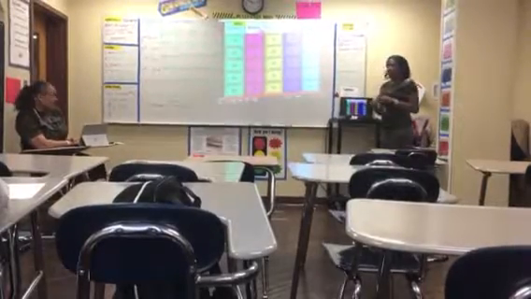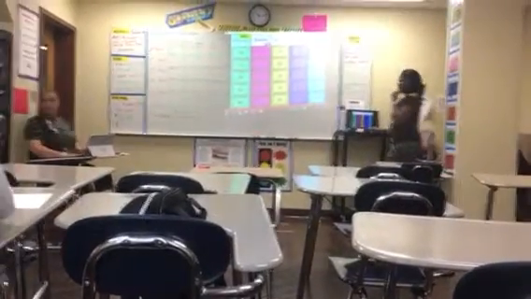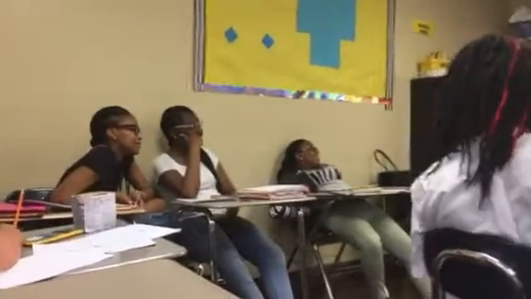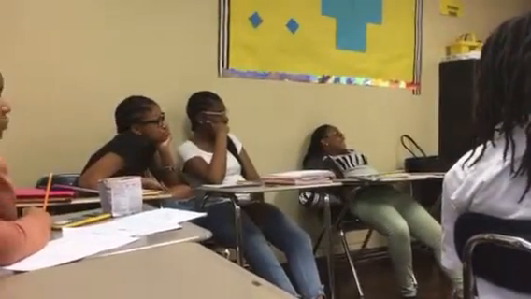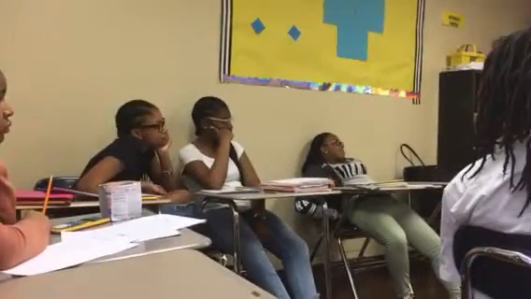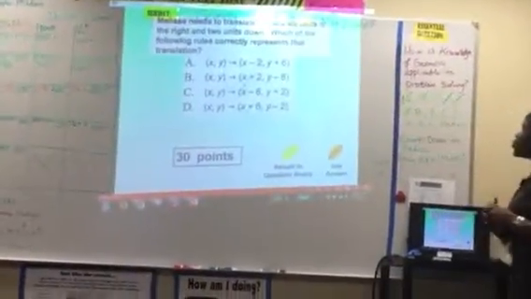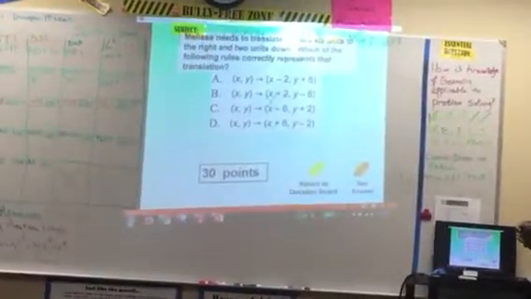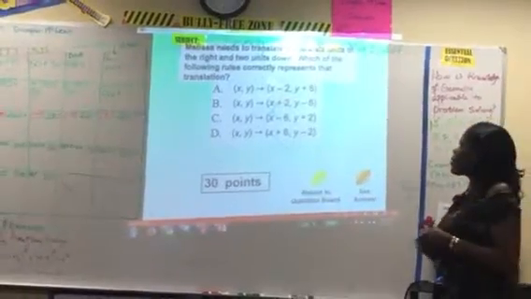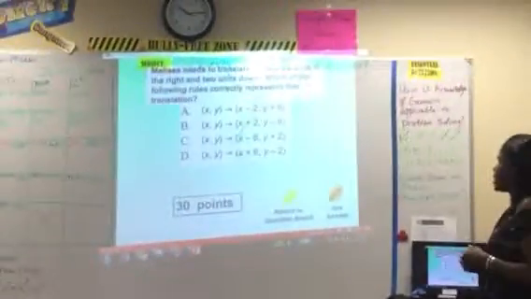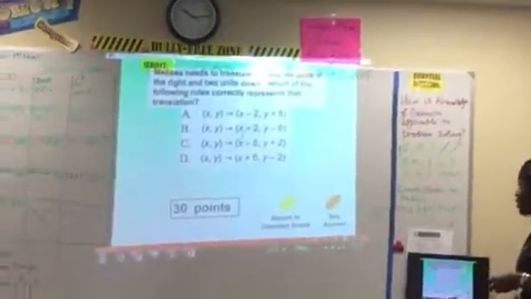Perfect. D and K, who's that? Congruence 30 points. Here's your question. Melissa needs to translate a figure 6 units to the right and 2 units down. Which of the following rules correctly represents that translation?